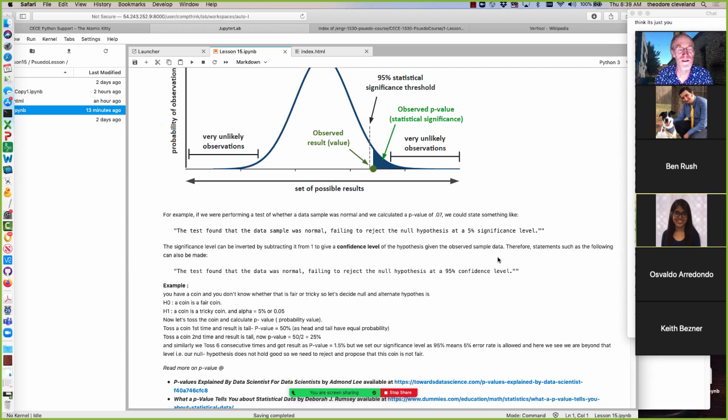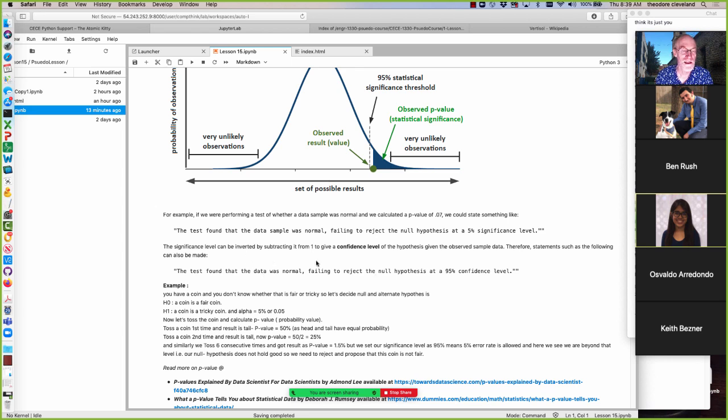So for instance, if we're performing a test where the data sample was normal and we calculate a p-value of 0.7, we would state something like, the test concluded that the sample was normal. We failed to reject the null hypothesis at a 5% significance level. The computed p-value was 7%.